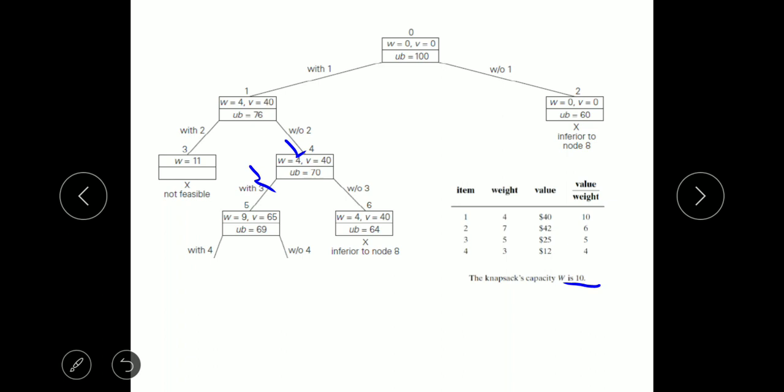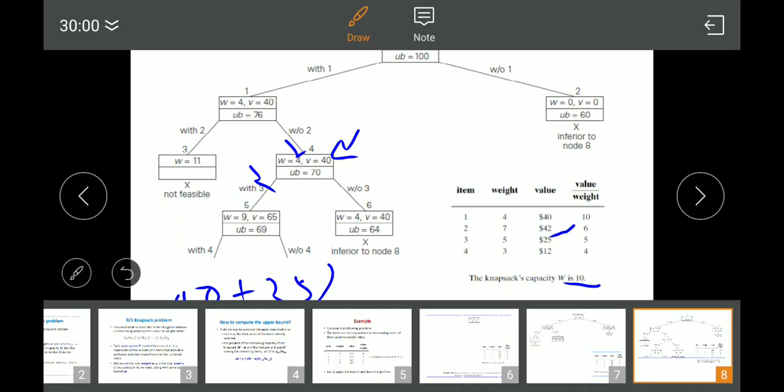So upper bound is value plus the remaining weight into the payoff, right? So what is the value now? From the previous step we have the value as 40, plus including the third element will give us 25 more dollars. So 40 plus 25 is 65.